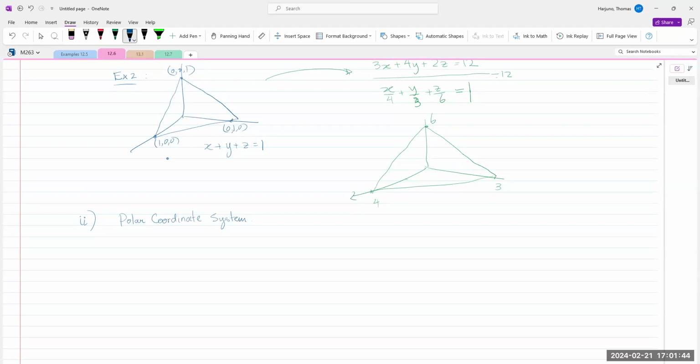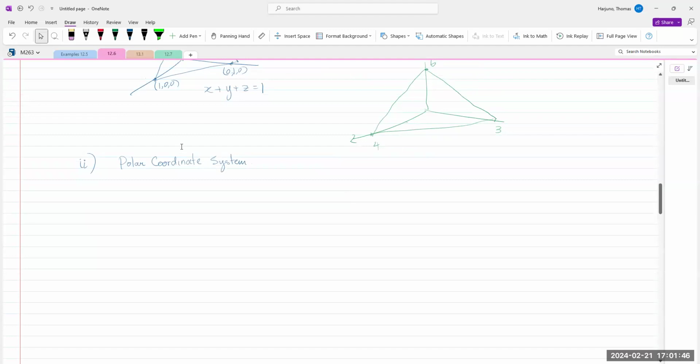First, I want you to learn the polar coordinate system in 2 dimensions as follows. Polar coordinate system, but we only use the r and z as if they are x and y.